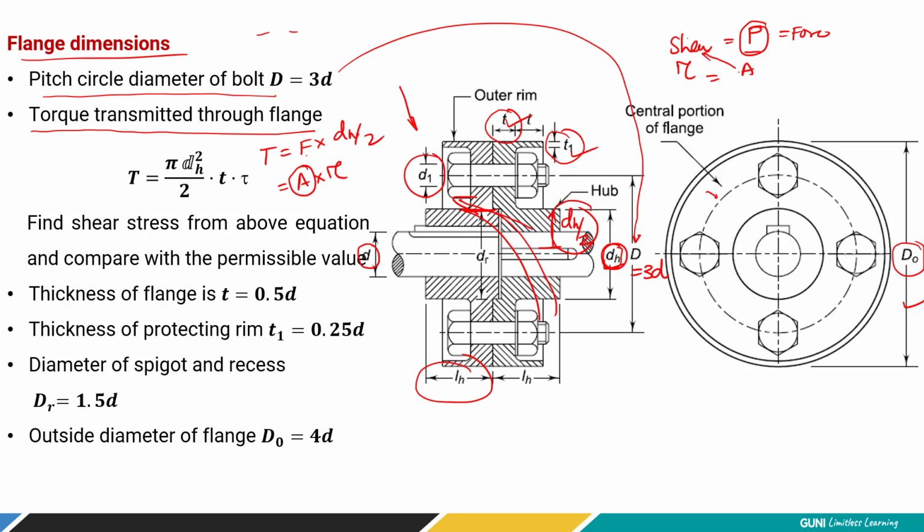So we have to consider a circumference, which is pi DH, multiplied by the thickness of the flange. So this is the circular area, right? So instead of A, what I am going to write is pi DH into T. This is the area at which the force is acting, right?